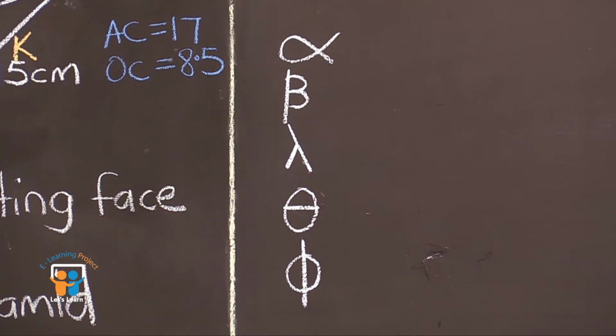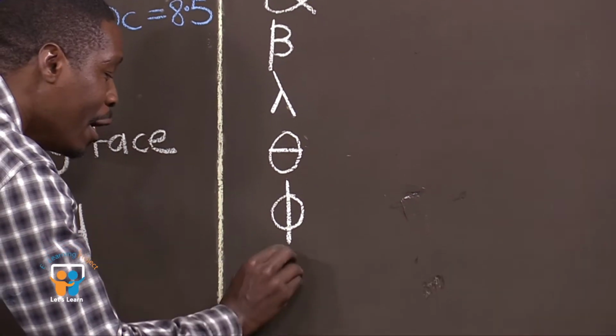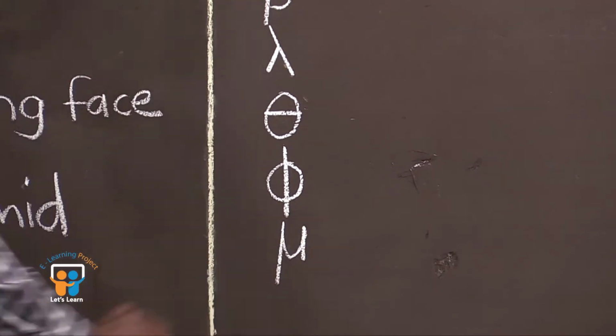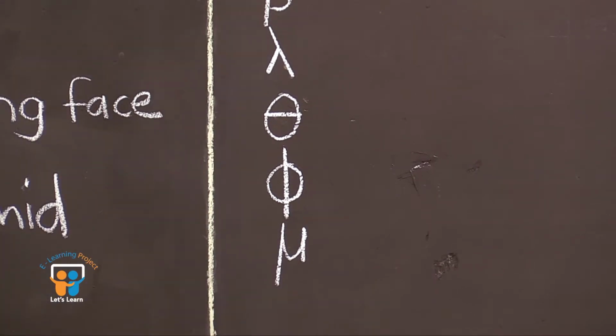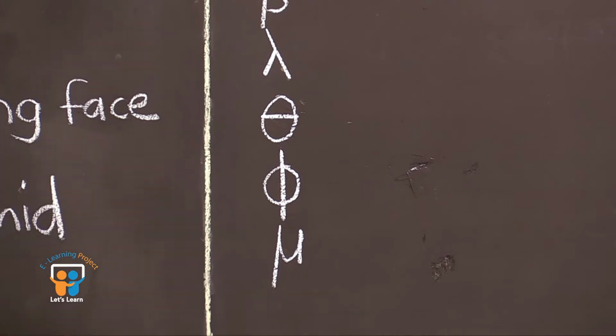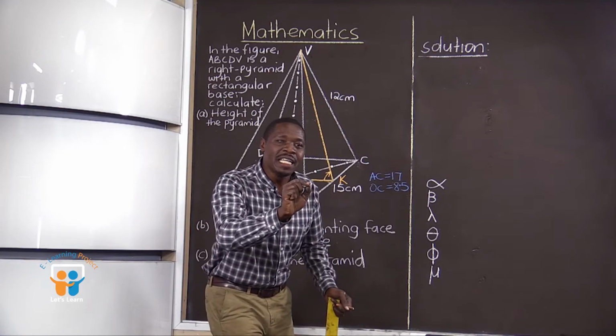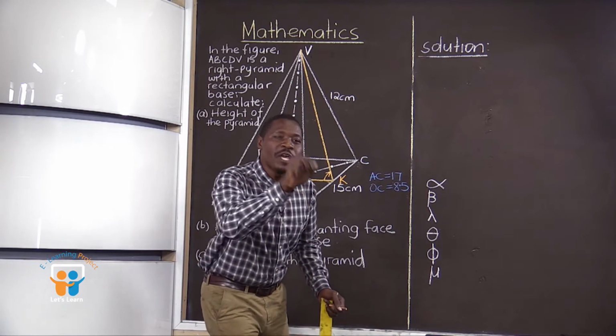As if that is not enough, there is that symbol known as mu. All of these are symbols that can be used to represent angles whose values we don't know.